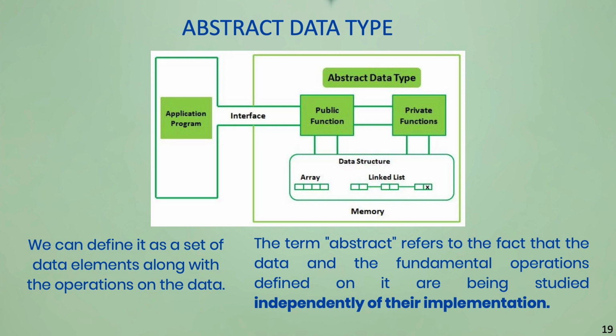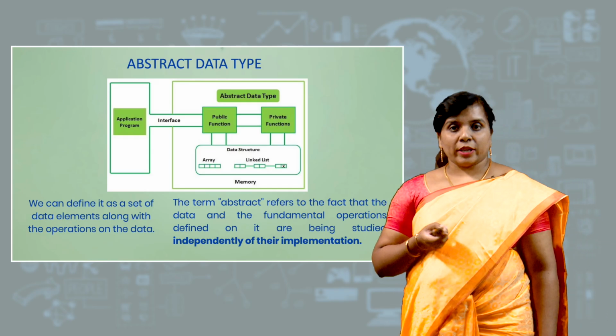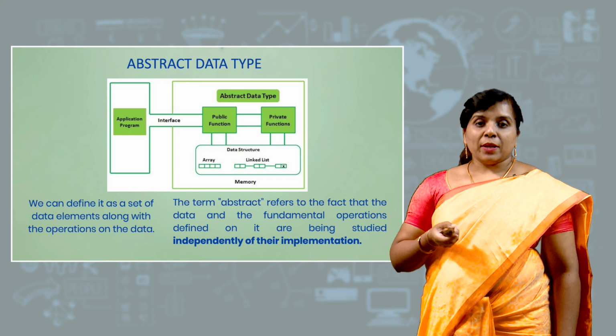The idea behind abstract data type is that we put together data and its associated operations, while we hide or separate out the implementation aspects. Consider the same employee example which we discussed earlier. I was mentioning that you can have an employee data set implemented using either arrays or linked list.